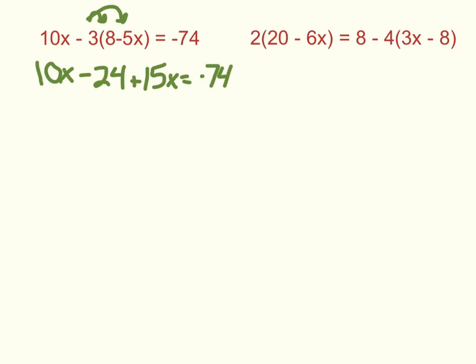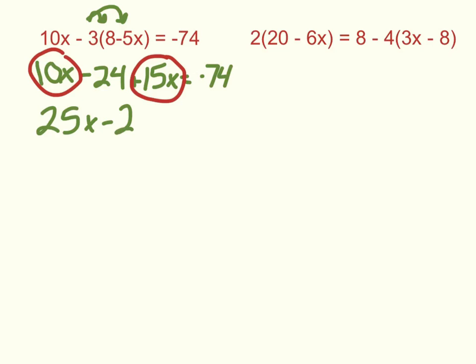I can combine like terms right here and right here, which gives me 25x minus 24 equals -74. Now I can start moving things. So I'm going to do my addition property of equality and add 24 to both sides.